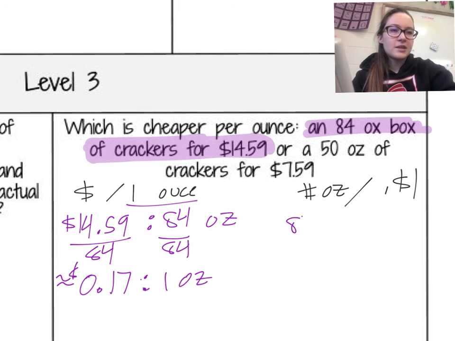So if I have 84 ounces, my cost, I'm going to divide by my cost.